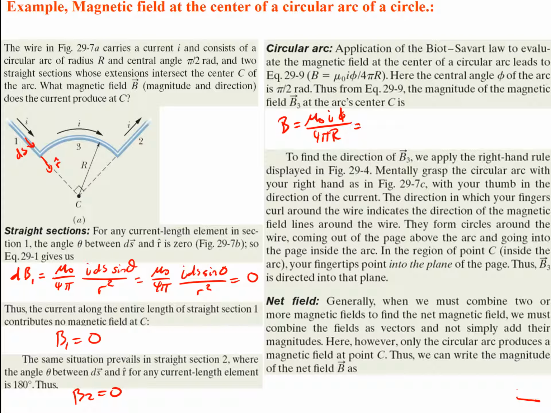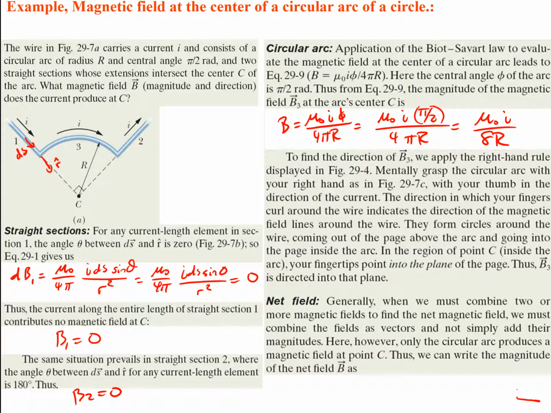In our case, our angle phi is just pi over 2, so you get mu naught I pi over 2 divided by 4 pi r. And that's simply going to be mu naught I divided by 8r.